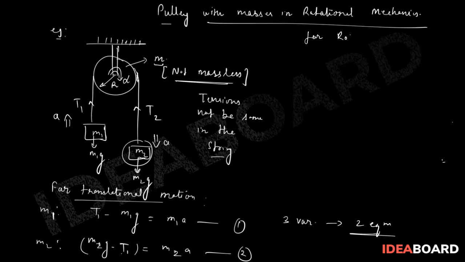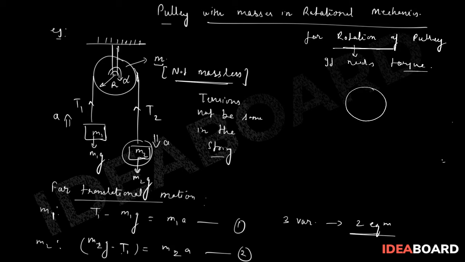So for the rotation of the pulley, you know that rotation needs torque, right? So let's see, this is our pulley. Here tension is T1, here tension is T2, and we assume that the pulley is rotating like this.